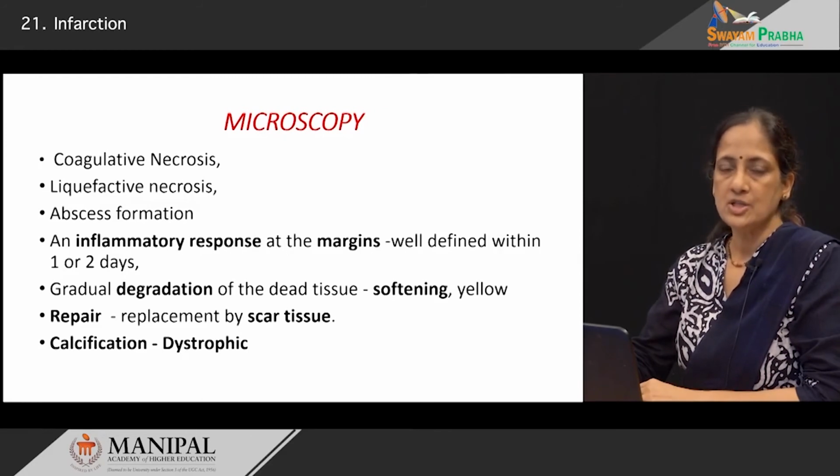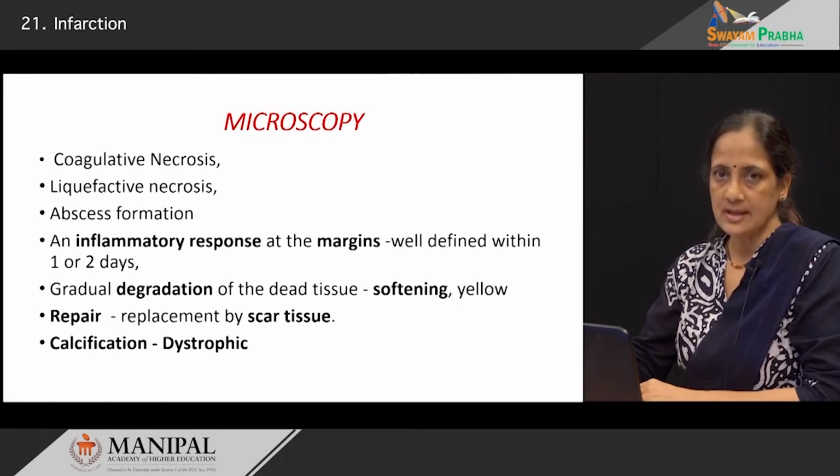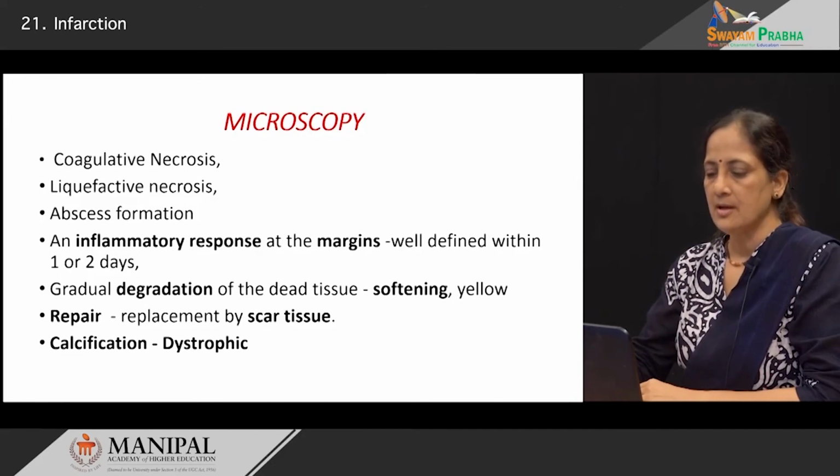Gradually, the necrotic tissue in infarcted areas is phagocytosed and replaced by macrophages and neutrophils that phagocytose the cellular debris. During this period of necrosis and degradation, the infarcted area becomes softened and yellow. Granulation tissue grows in from the periphery of the infarcted area.